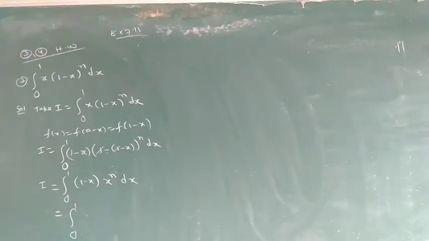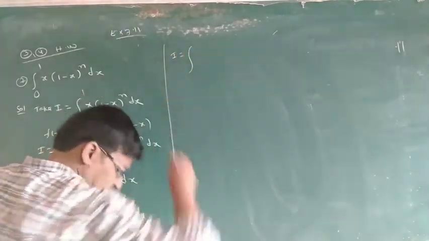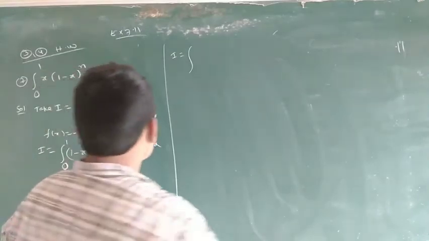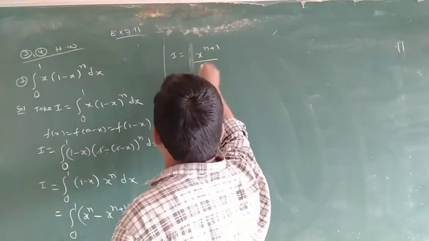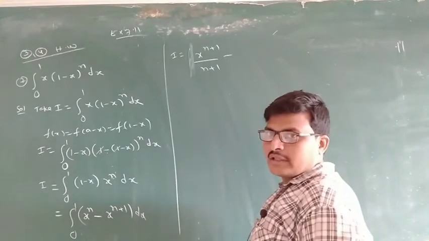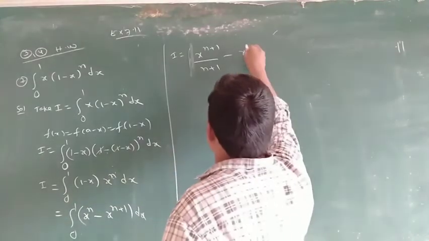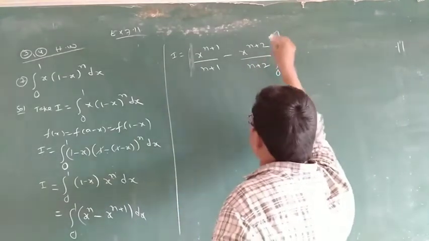Multiply x power n with 1 minus x: 1 into x power n, and x into x power n gives x power n plus 1, dx. The integral of x power n is x power n plus 1 by n plus 1, minus the integral of x power n plus 1, which is x power n plus 2 by n plus 2, over the limits 0 to 1.